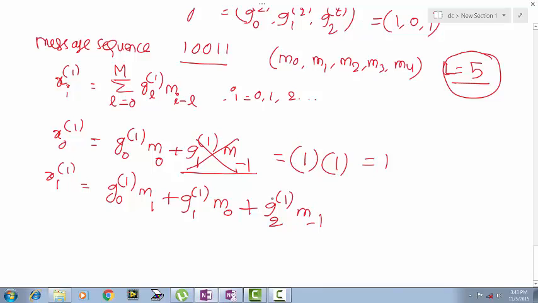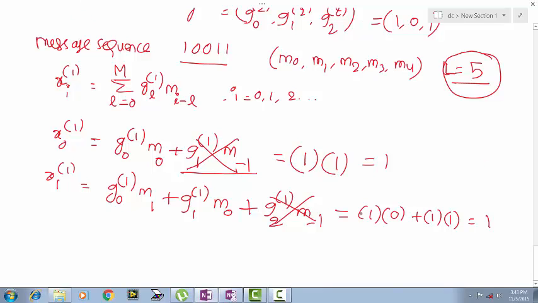We don't have m minus 1, so after this no terms are required. So there are two terms here. G_0 of 1 is 1, m_1 is 0, plus G_1 of 1 is 1, m_0 is 1. So 1 into 0 is 0, 1 into 1 is 1, 1 plus 0, it will be 1.